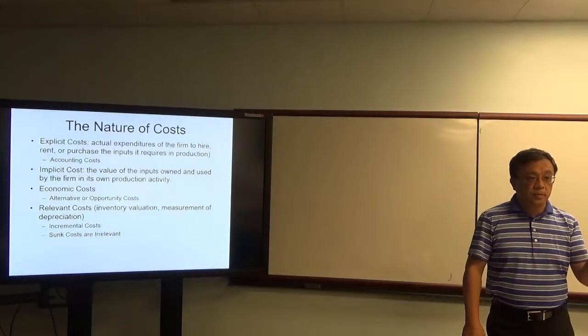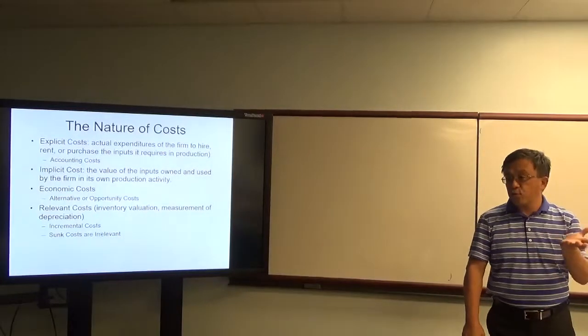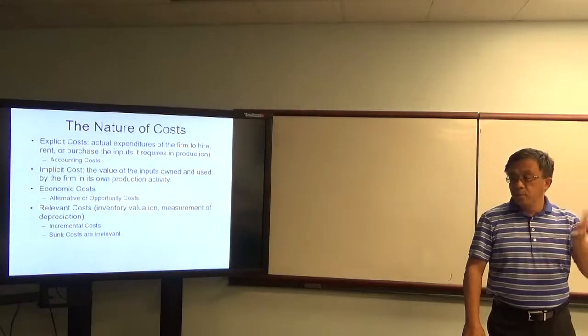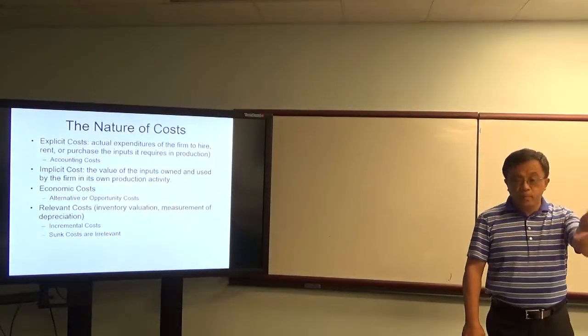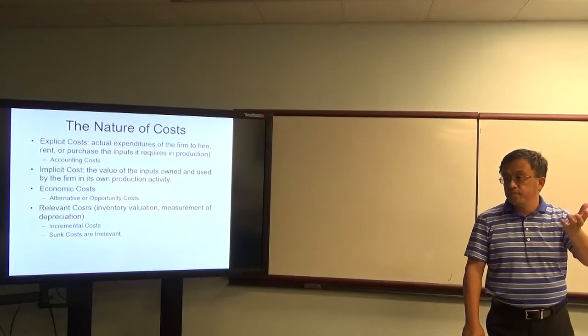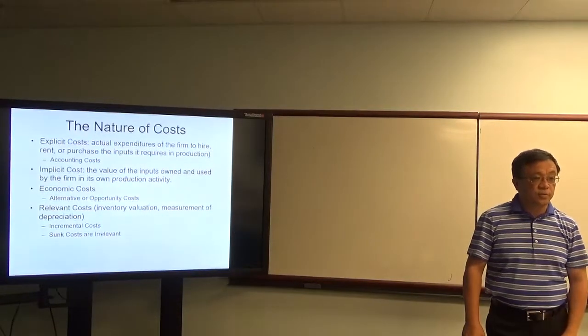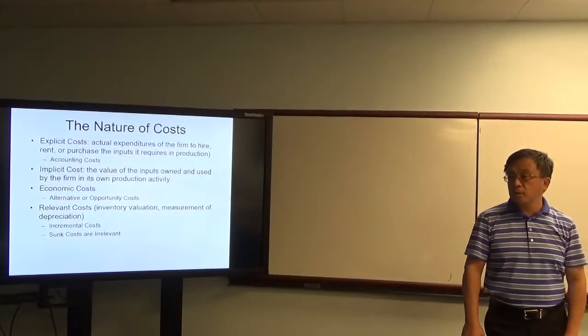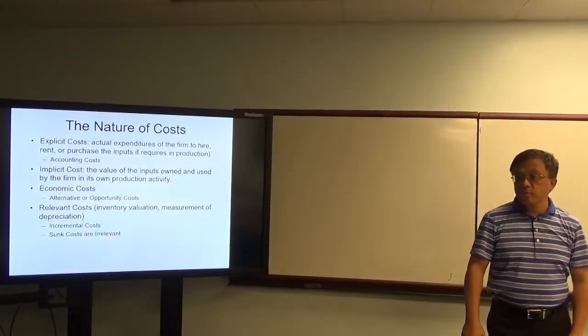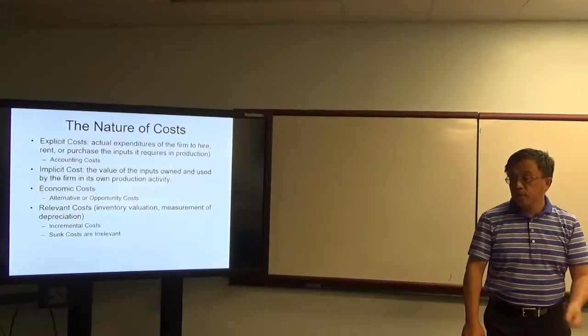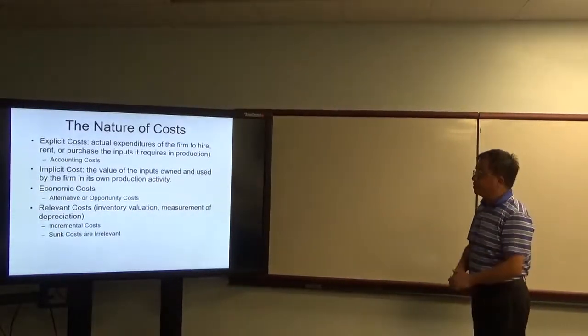But there is a catch, right? You put down $200,000, you will not be able to use it. You will not be able to earn that 0.1% rate of interest if you leave the money in a checking account. And that will be considered as a cost, but not explicit cost, because it's implicit cost.